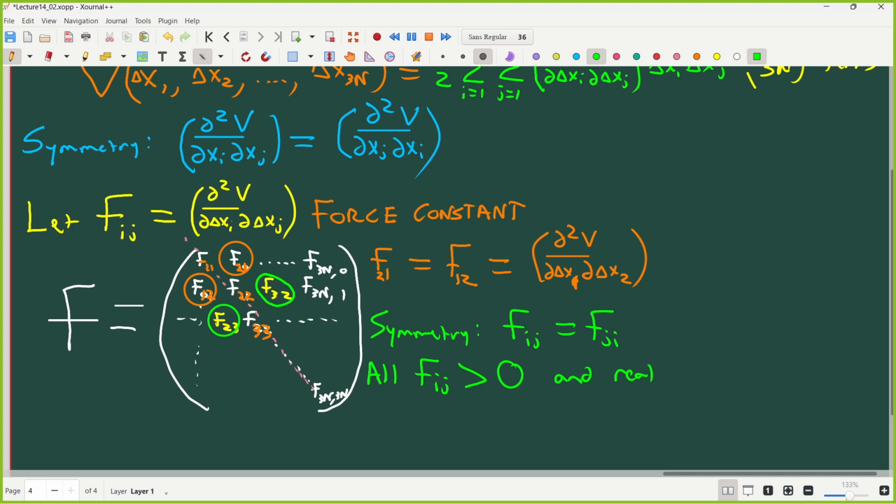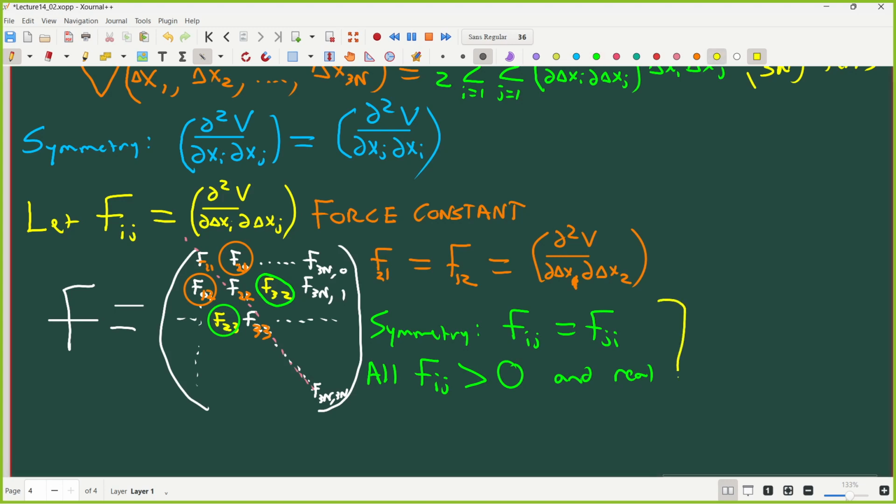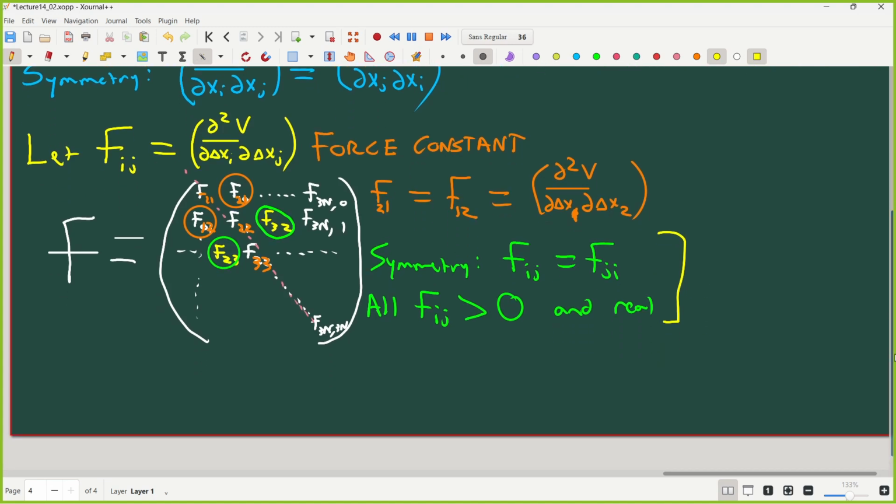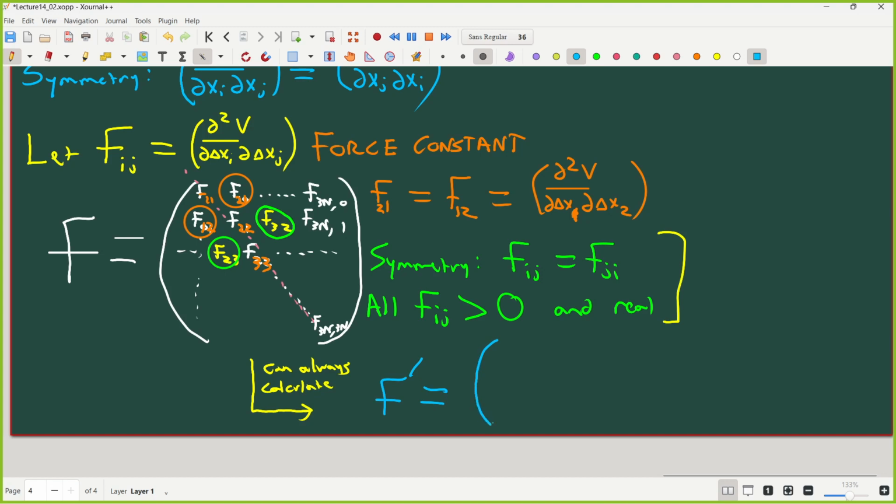And it turns out that if you have all of these things, with these combinations, I can always calculate a new set of coordinates where I get a new F prime that is entirely diagonal. f11, f22, f33, all the way down to f3n, and we have zeros everywhere else.